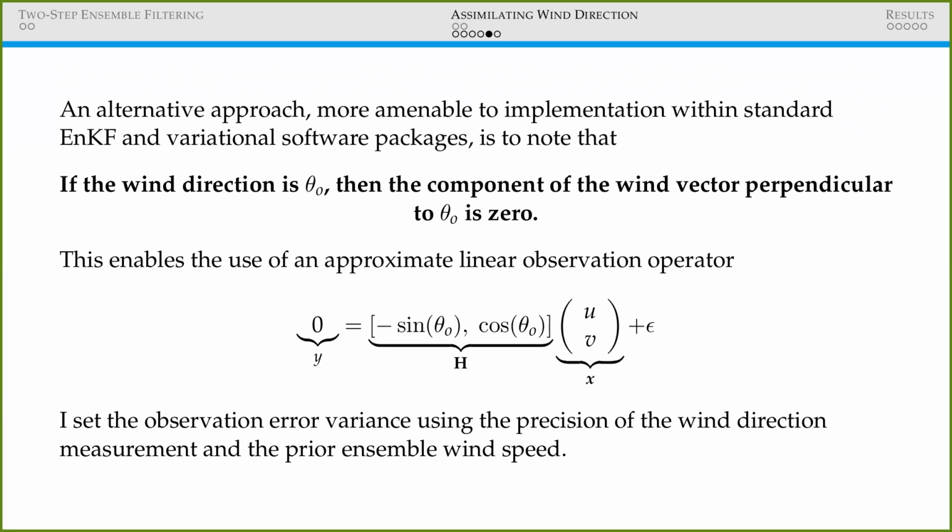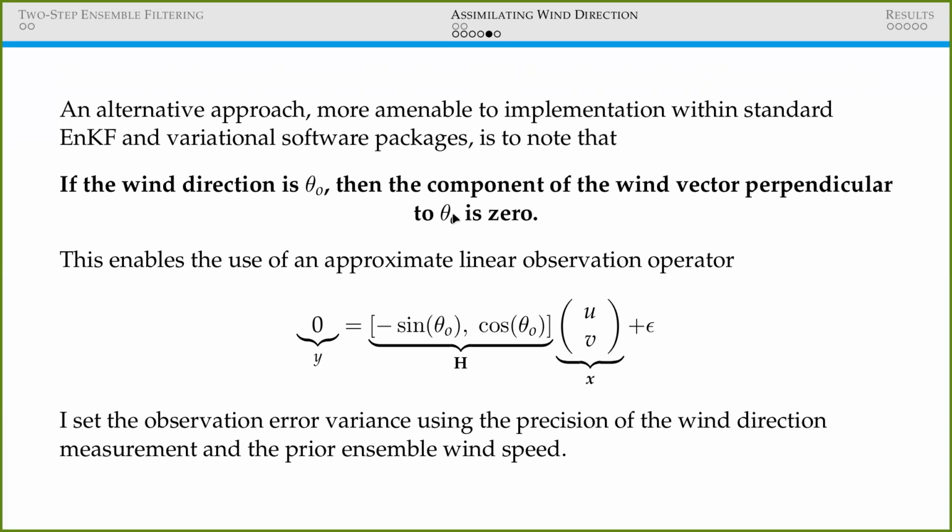It's not an equivalence, though. If I say that the component of wind in the meridional direction is 0, that means that the wind could either be westward or eastward. If I say that the wind is eastward, it means that the north-south component has to be 0. So I'm taking an easier or a subset of the observation information.